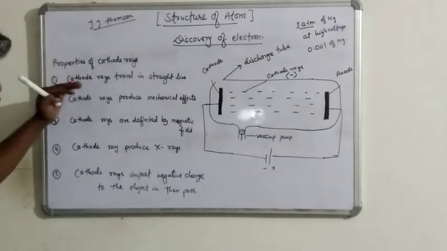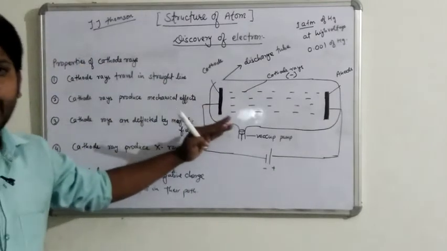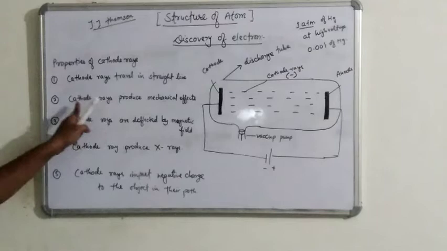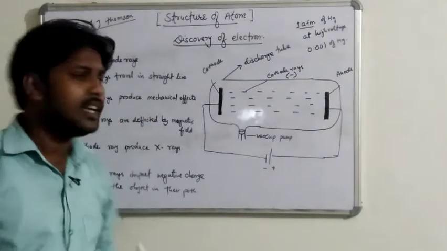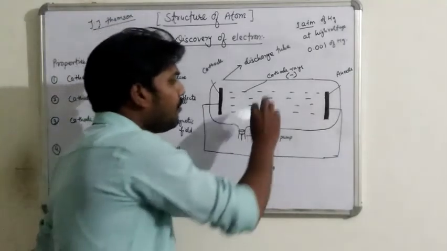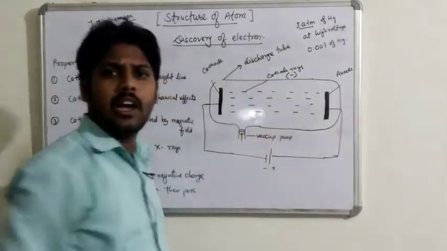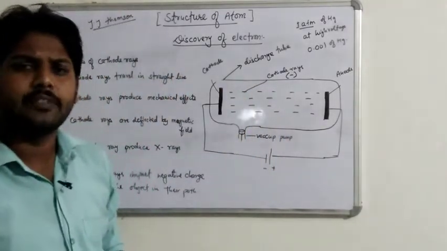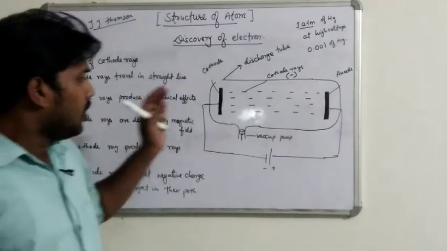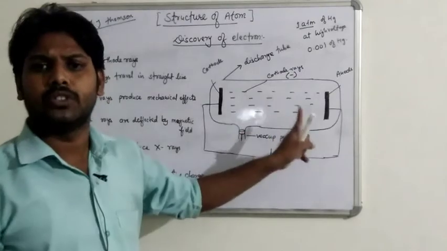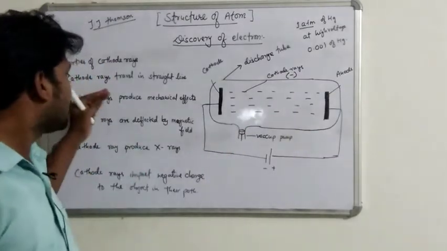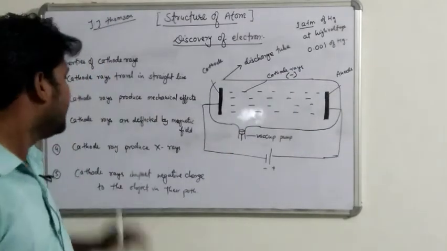First, cathode rays travel in a straight line. Second, cathode rays produce mechanical effect. It means that if we keep a wheel, after a while we observe that the wheel starts moving in a rotational motion. It means these cathode rays produce a mechanical effect.